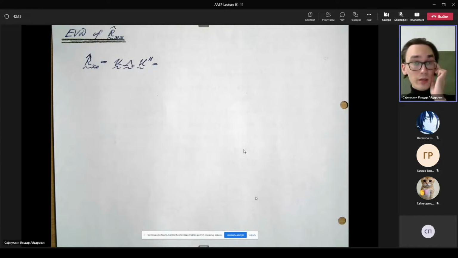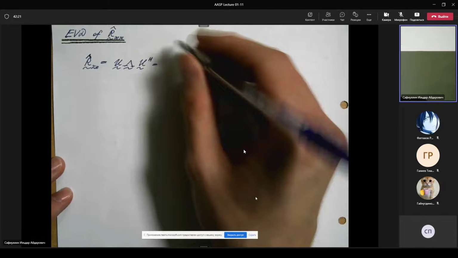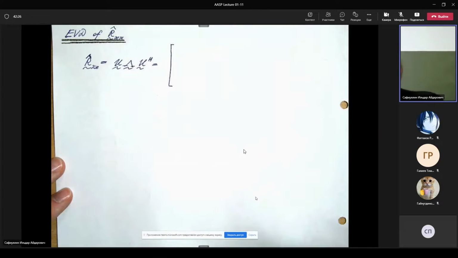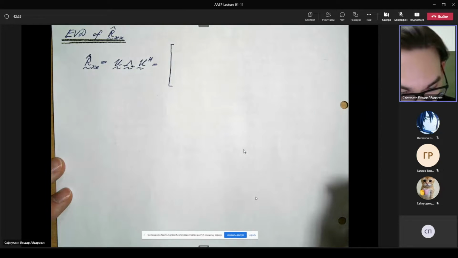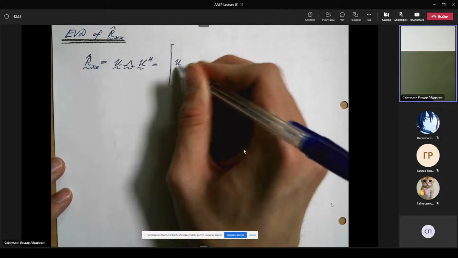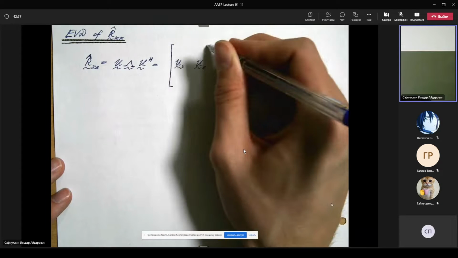And to see what we have inside of this eigenvalue decomposition, I will show you the subspaces. So first one is U subscript s here, and U subscript 0.